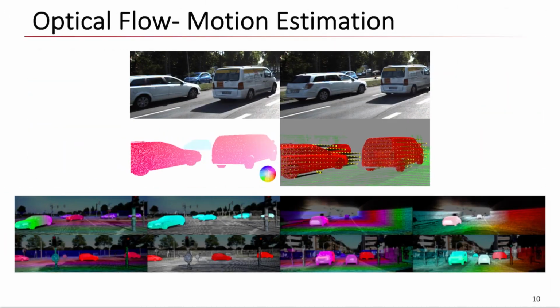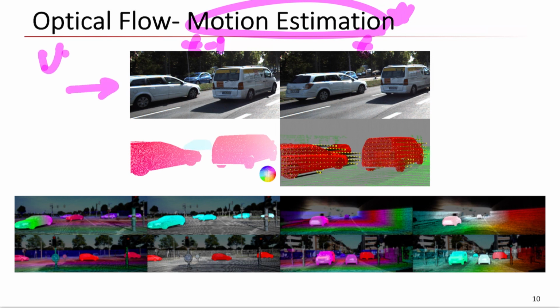Okay, so this is monocular depth estimation, and another application is optical flow. The goal of optical flow is to estimate the motion information. This is the image at t-1, and this is the image at frame t. So this is a video. What you want to do is estimate the motion information between two adjacent images.